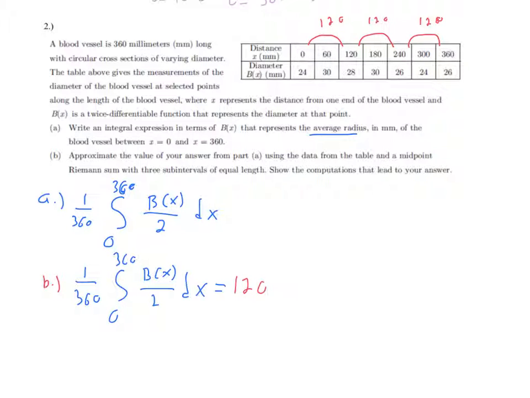And let's be careful, because when I take 30, 30, and 24, remember that we want to talk about the radius, so I'm not going to use 30, but I'm going to use 15, because I want the average radius, not the average diameter. Plus 120 times 15, and then 120 times 12.